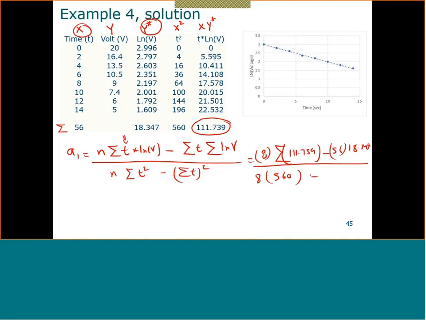If you do the calculation, you will find A1 is equal to minus 0.09934.